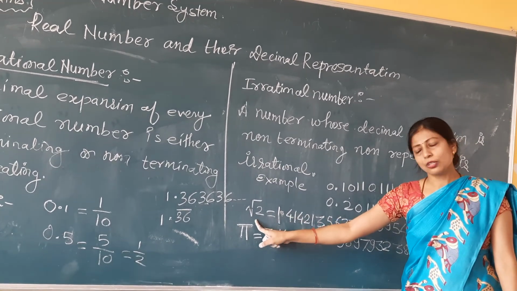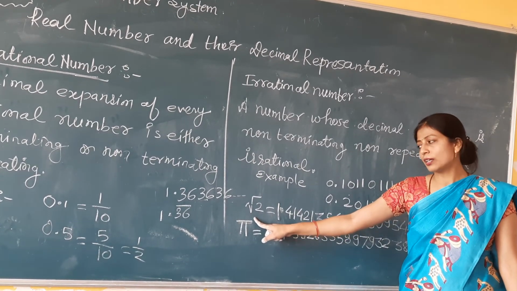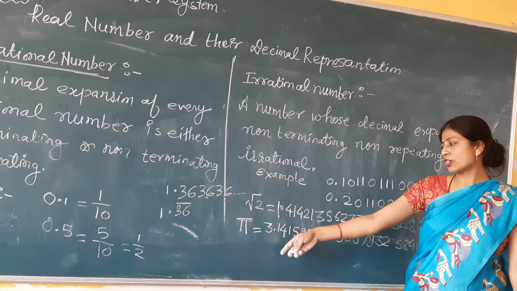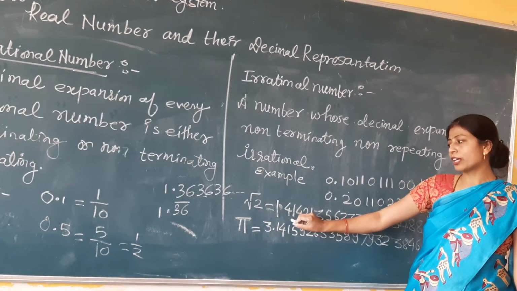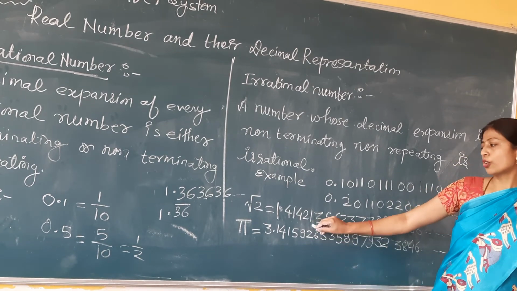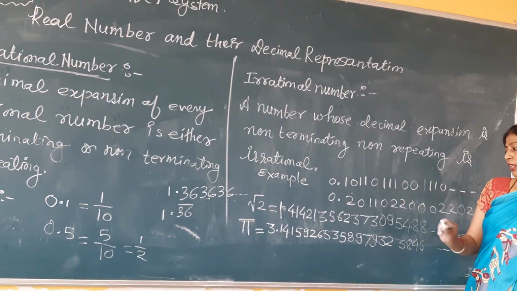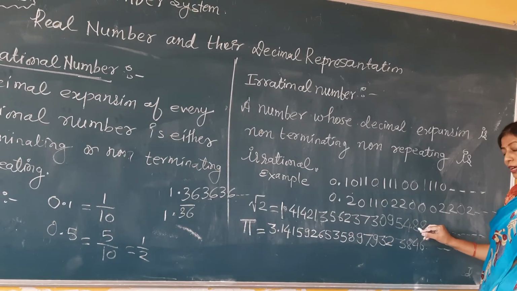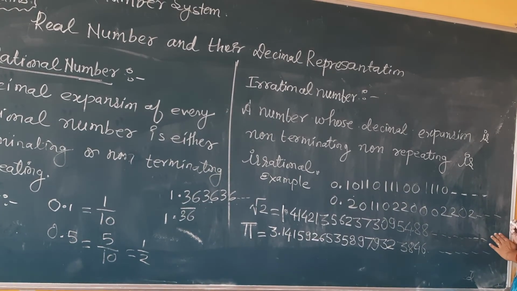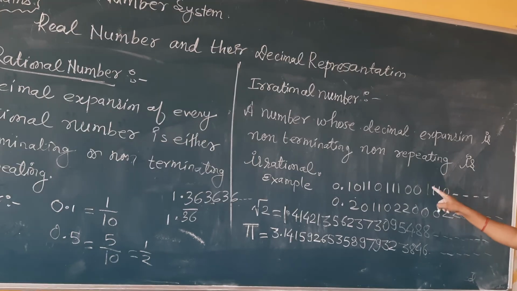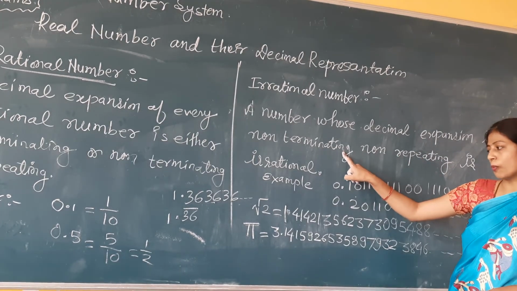Same thing I told you, root 2 is an irrational number, and the decimal representation of root 2 is 1.4142135623739095 and so on. इसका decimal representation भी non-terminating, non-repeating form में है.